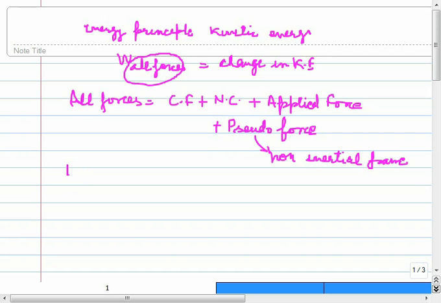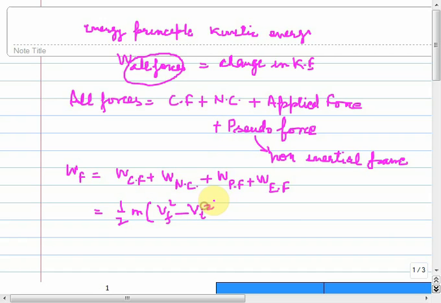So work done by all these forces is equal to work done by conservative force plus work done by non-conservative force plus work done by pseudo force plus work done by external force. And this theorem says this is equal to half m (v final square minus v initial square), that is, change in kinetic energy.